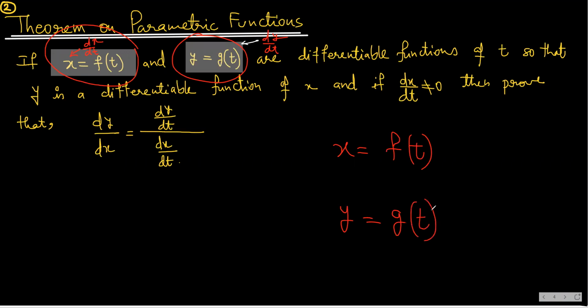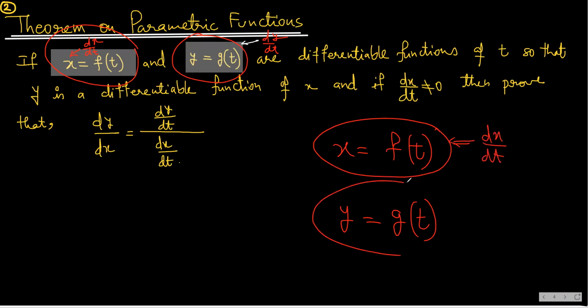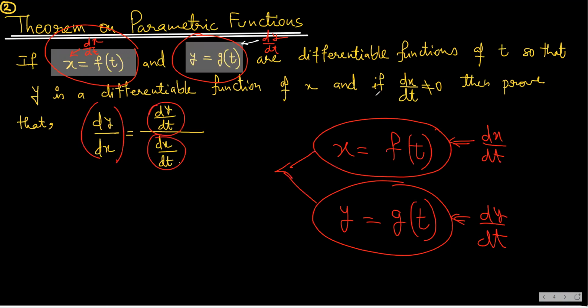Both are functions of t. I can get dx by dt, I can get dy by dt, but what I want is dy by dx, the derivative of y with respect to x. So the theorem says that dy by dx will be dy by dt upon dx by dt. That's it. But now we have to prove it.